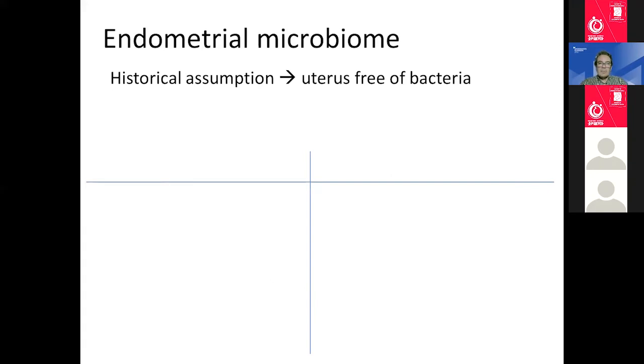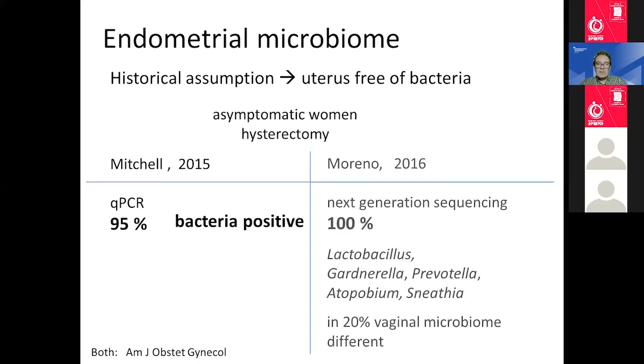So it has been supposed for a long while that the endometrium is sterile, but in more or less recent studies, it has been shown that there are also bacteria, at least bacterial RNA, as shown by qPCR or by next generation sequencing.